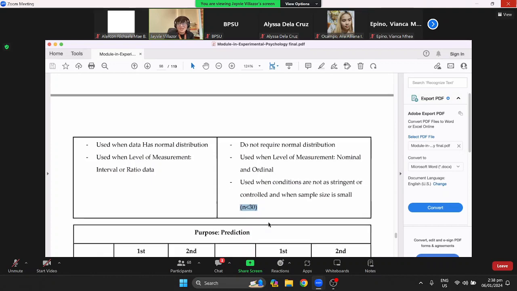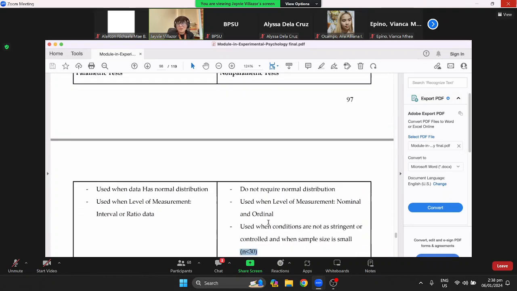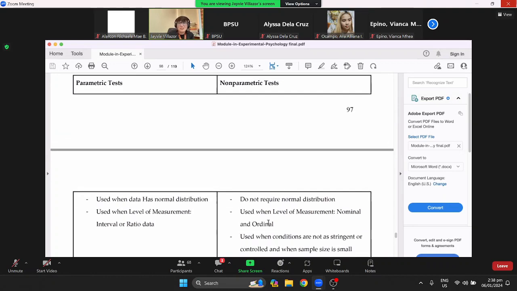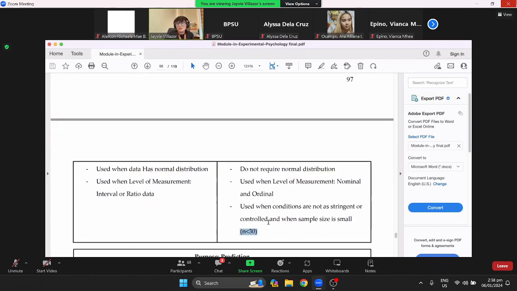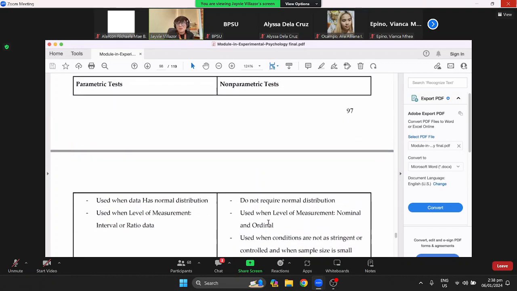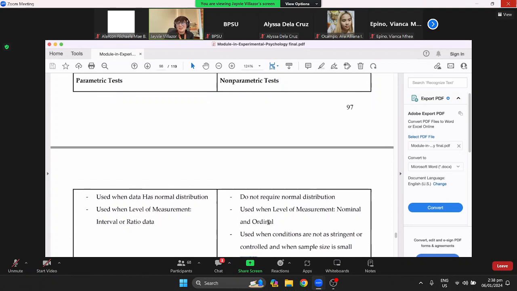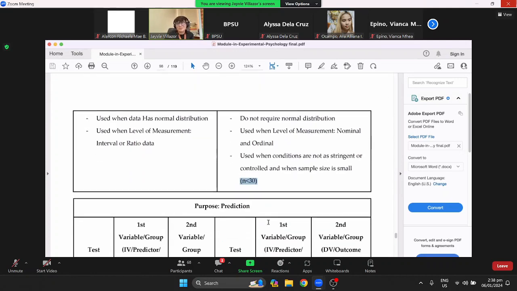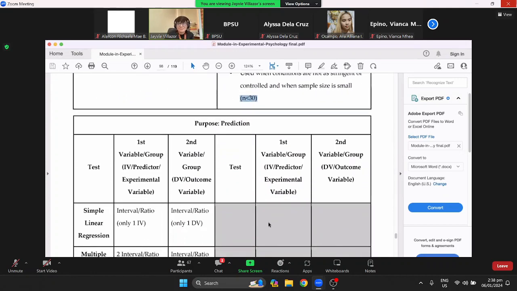Okay? Ayan. So, punta lang kayo dito if you really want to know the demarcation line between the para and non-para, ito yon. So, this will be your sign or signal for you to determine what type of statistical test are you gonna use. Okay? Ayan.